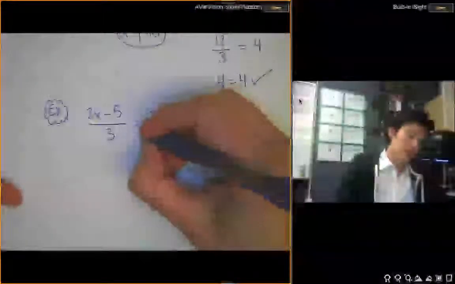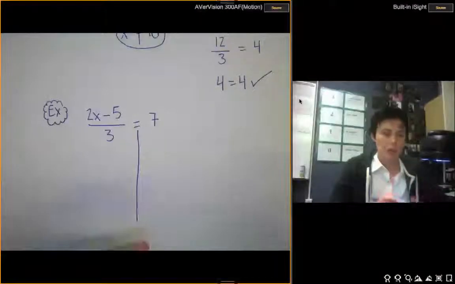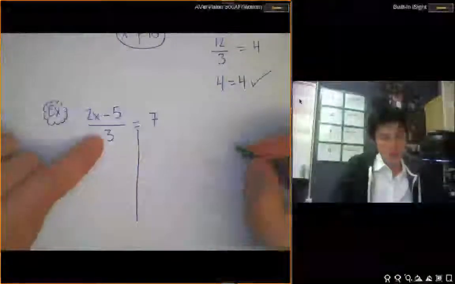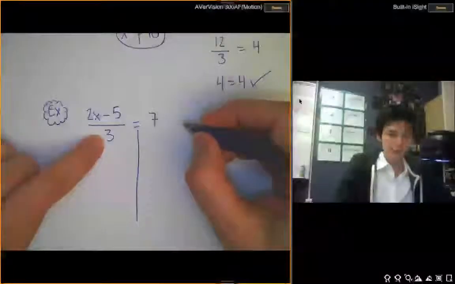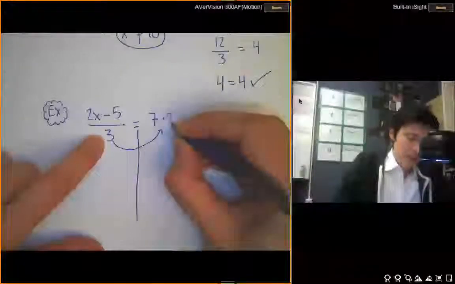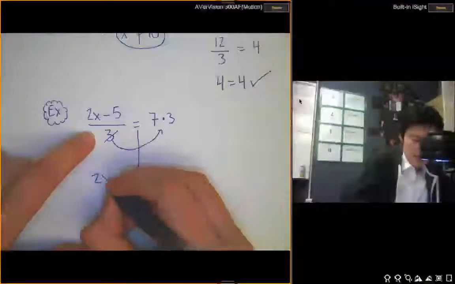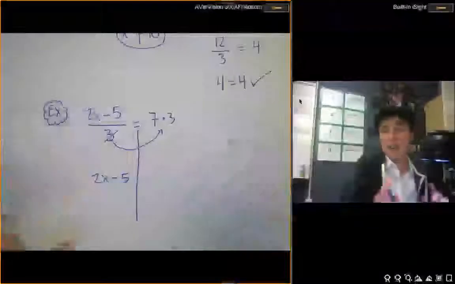I'm going to put a line down the middle. Again, it's one of these big fraction problems, so I need to take the 3 and move it over to the other side by multiplying it. So I'm going to times it by 3. I'm going to get the 3 gone, so I'm going to have 2x minus 5. No more fraction. We got rid of the fraction.